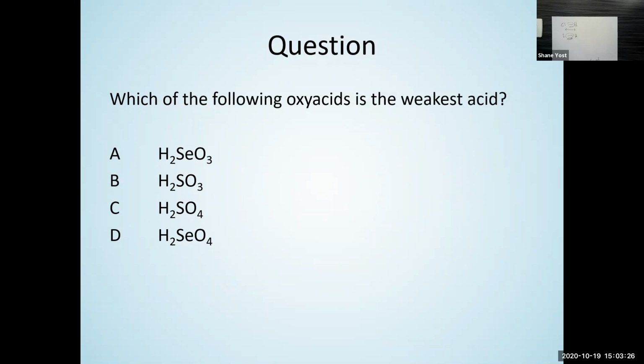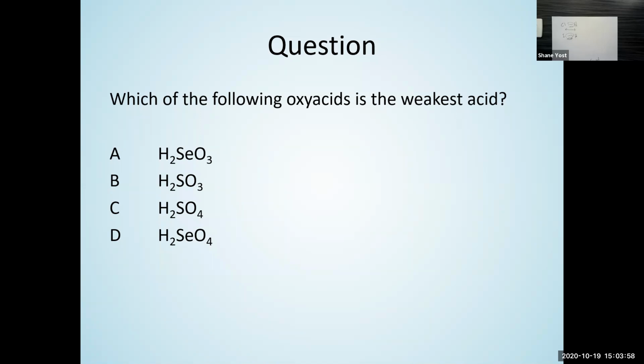So let's look at this example where I have 4 different oxy acids. I want to know which is the strongest and which is the weakest. So when I compare these oxy acids, let's compare A and B here. For A and B, I have the same number of oxygens, okay? So what matters is the electronegativity of sulfur versus selenium. Electronegativity increases as you go up the periodic table and to the right, if you remember those periodic trends from Chem 1.